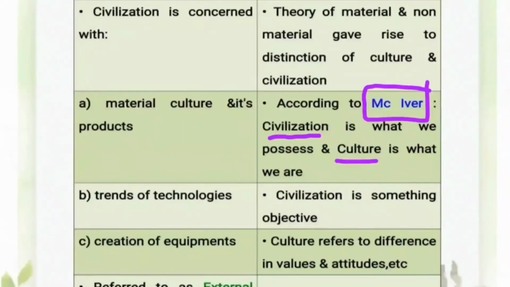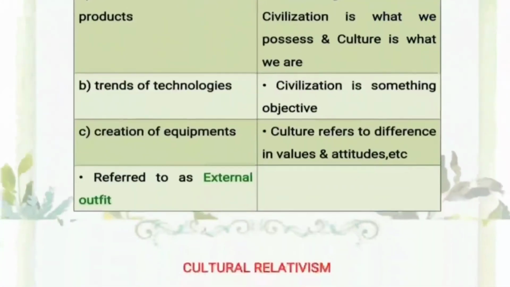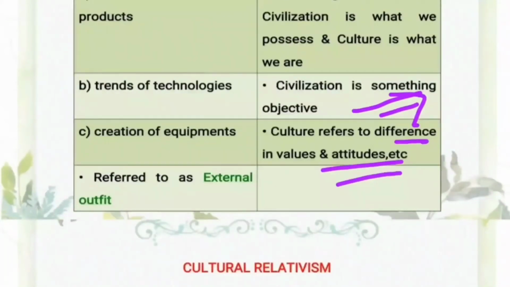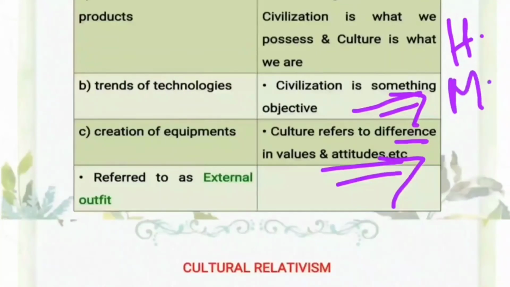Now civilization is something objective. It is based on certain things. Culture, we can say, refers to the difference in values and attitudes. For example, in the Hindus the marriage system is different, and in the Muslims the marriage system is different. It is simply what has been in their customs, what are their values, their attitudes, that has created a difference in their culture.